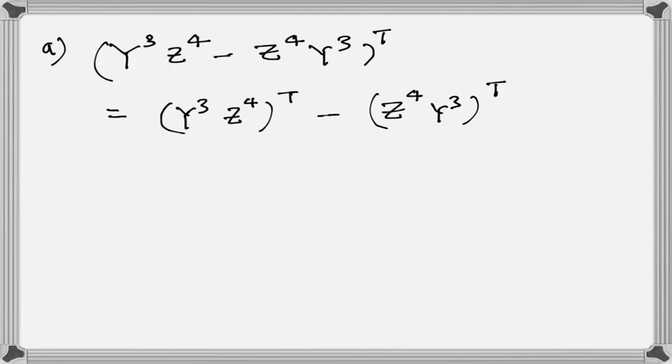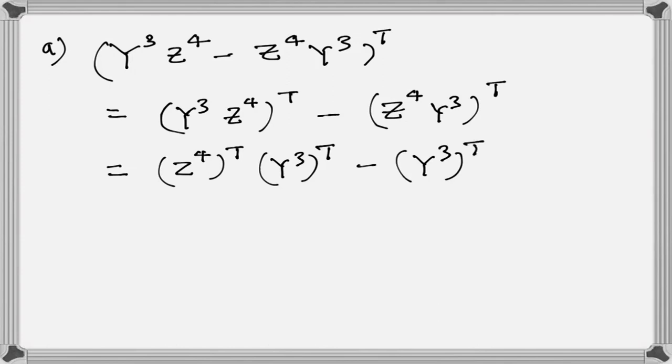Now again the product: this is z^4 transpose y cube transpose minus y cube transpose z^4 transpose, because z was a symmetric matrix, so any power of z and its transpose will give the same z^4.